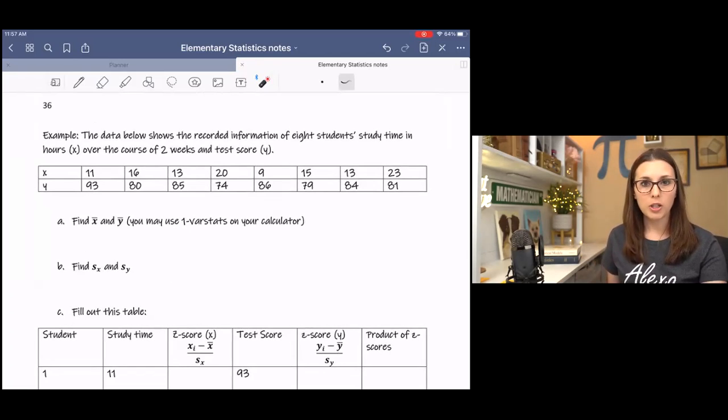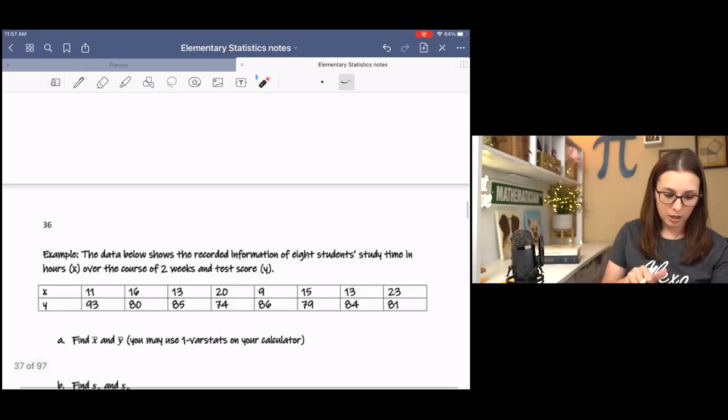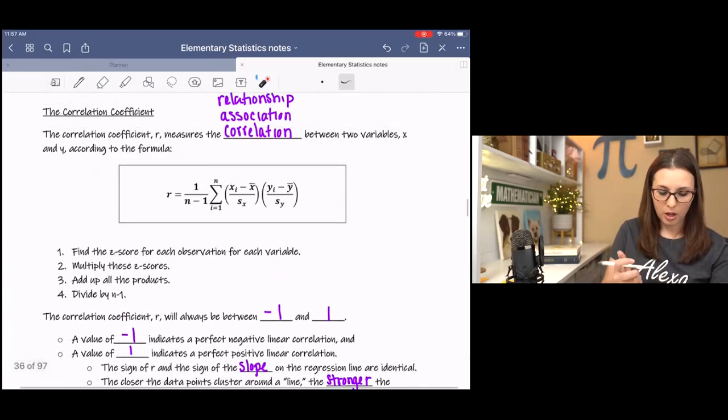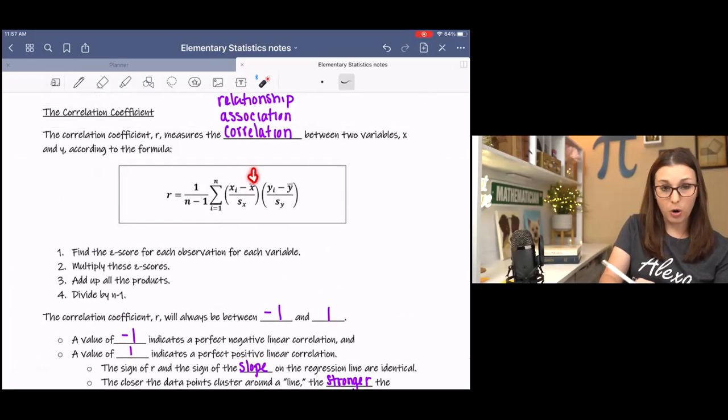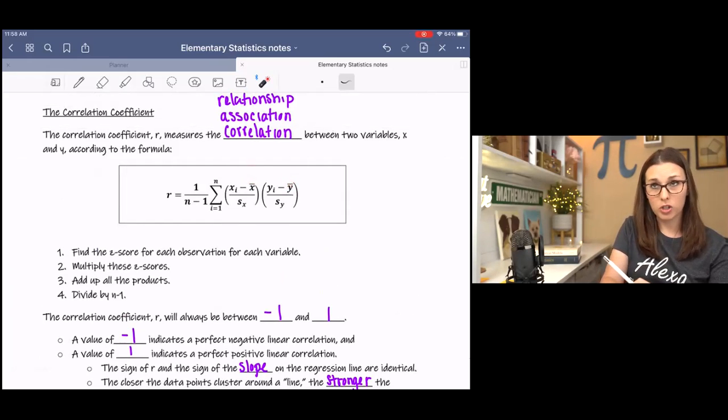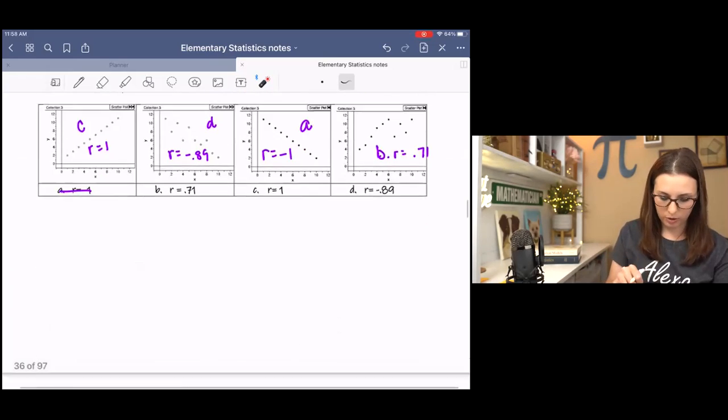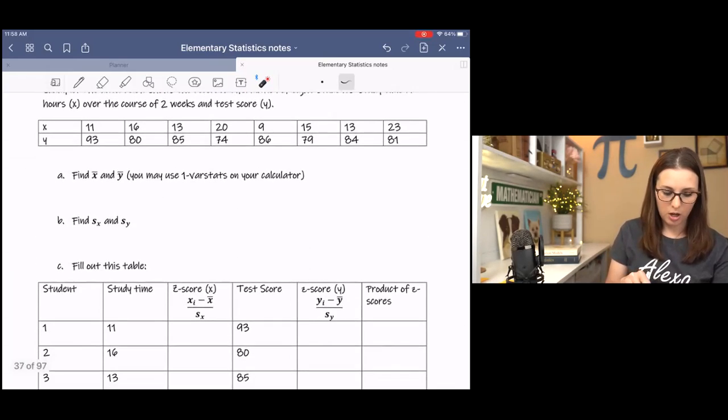If we go back to our formula, we're going to need x bar, which is the mean of x, y bar, which is the mean of y, s sub x, which is the standard deviation of x, s sub y, which is the standard deviation of y, you get my point here, and n, which is the number of observations.